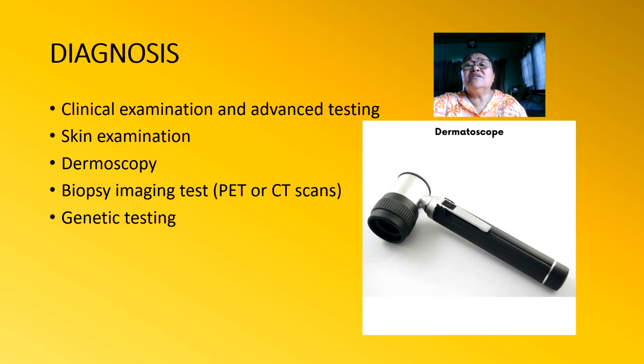Early diagnosis is critical because melanoma is highly treatable when detected early. Thorough skin examinations, biopsies, appropriate imaging, and genetic testing provide the information needed for accurate diagnosis, staging, and selection of the most effective treatment.